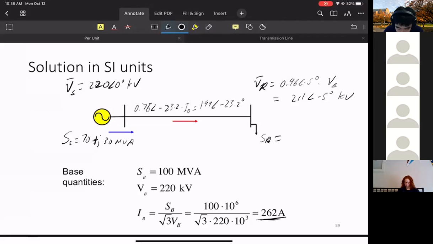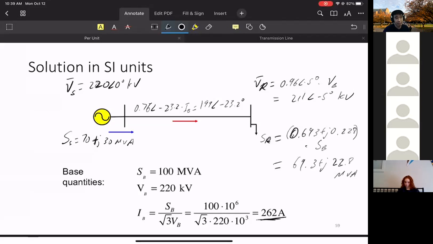Whatever power we got before, 0.963 plus j0.228, multiplied by the power base, we get 96.3 plus j22.8 MVA. Okay, so this is a fairly straightforward calculation.